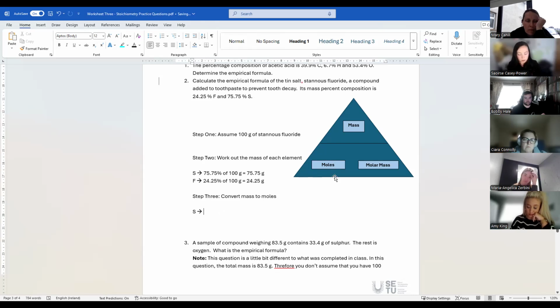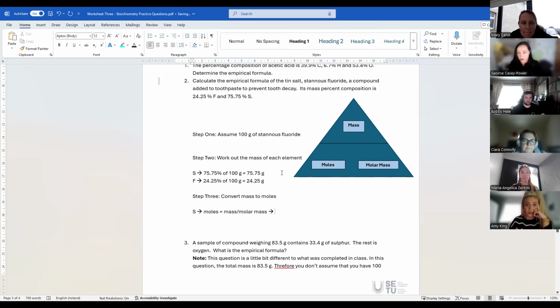So for moles, it's going to be your mass divided by the molar mass. I have a mass value, I can take their molar mass directly from the periodic table, and then I can work out the ratio between them. Can everyone see where I'm getting that from? Yeah?